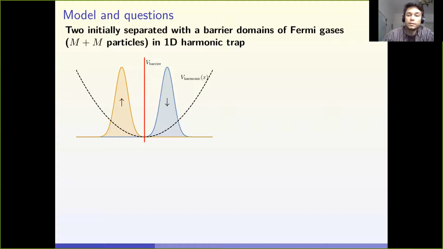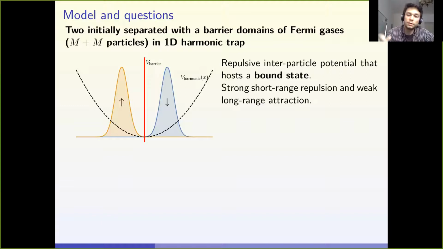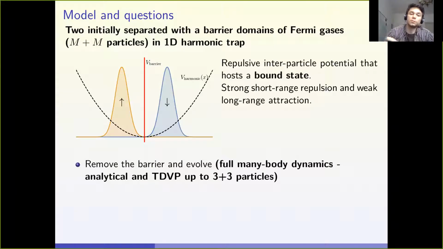What we want to consider is a system with a repulsive interparticle potential, but at the same time we want this potential to host a bound state. So you may say that we want a potential that has a strong short-range repulsion and weak long-range attraction. At short distances the atoms will repel, but at the same time we will have room for bound state formation. And what we want to check is to just remove the barrier and see how the system evolves.